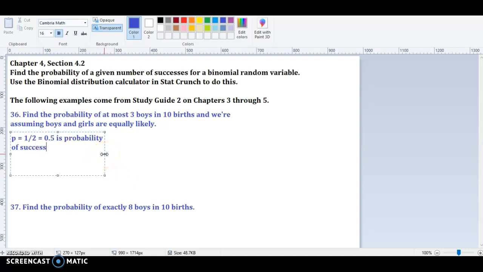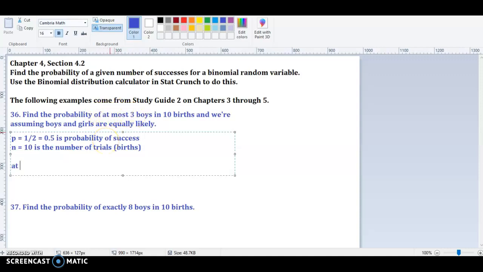The other thing you need to know is the number of trials, which is represented by n in these types of problems. In this case we're looking at births, so we're looking at 10 births altogether. So n equals 10 is the number of trials. In this problem, a trial is a birth. Then how many successes are we looking for? It's important to understand the keyword there, at most.